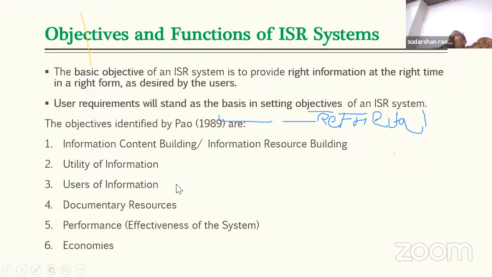Then users of information, who are there, what do they want, when do they want, these things will decide your objective. Then, of course, other kinds of new, current, up-to-date information, comprehensive information. Okay, the complete collection of the information in your subject field, of interest to your organization. Then followed by that, the performance, how best the ISR system is really working.